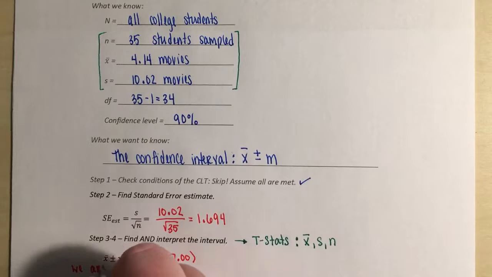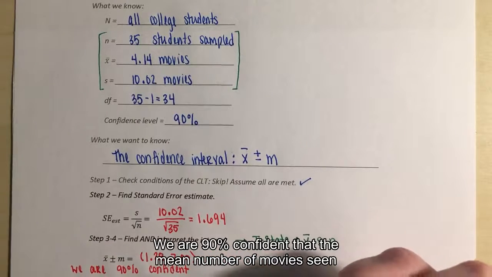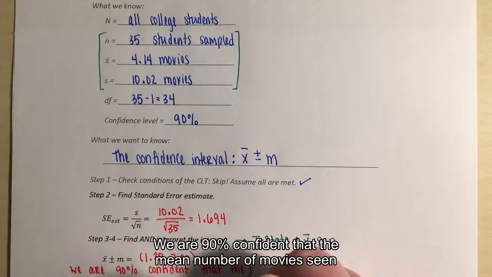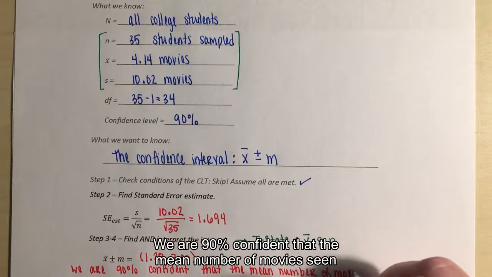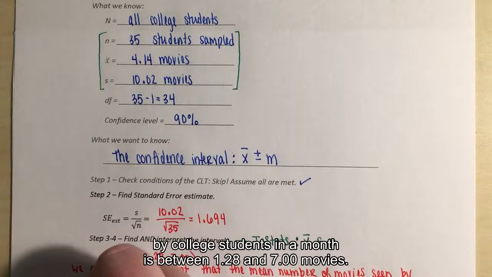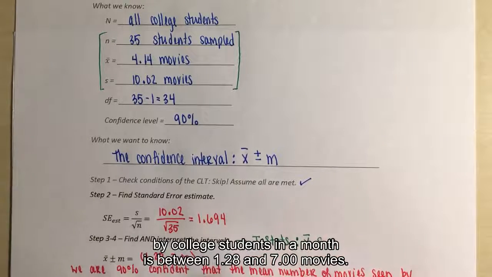Our interpretation: again, we start with our confidence level. We are 90% confident that the mean number of movies seen by college students in a month is between 1.28 and 7.00 movies.